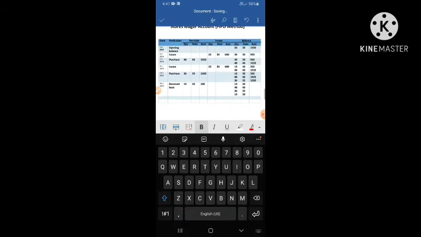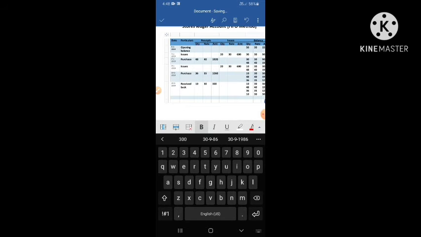And in the amount column: 300, 1920, 1260, 300.